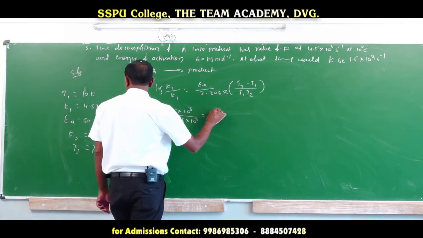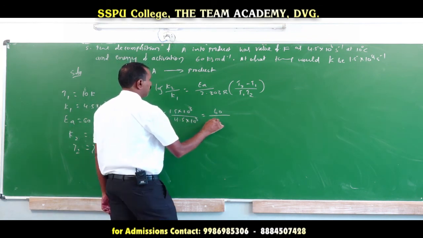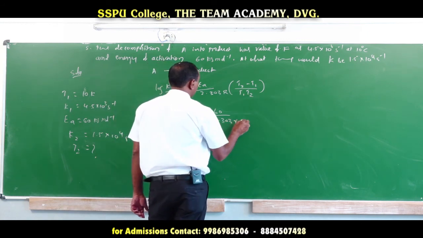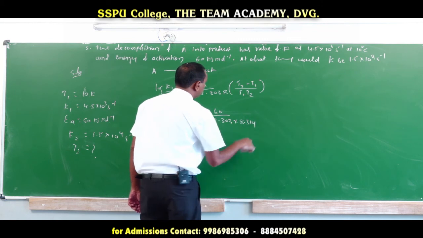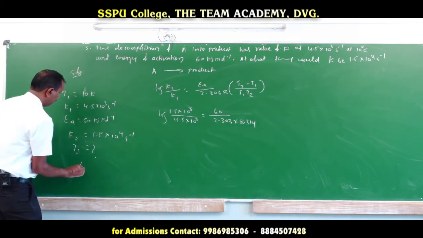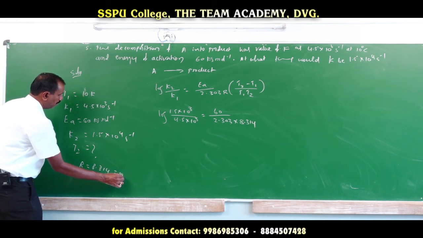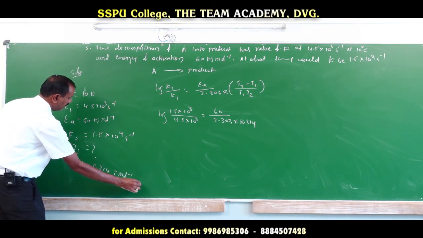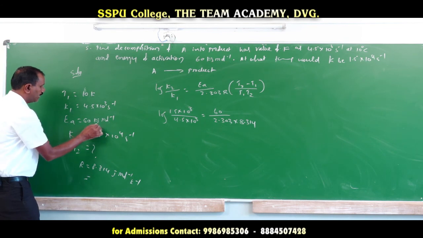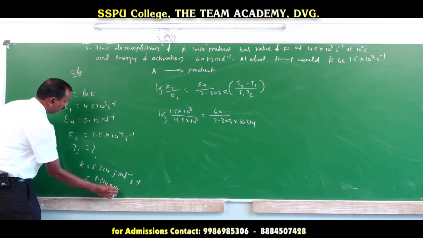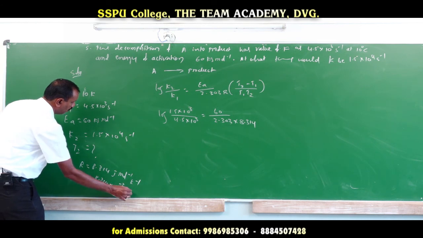E is also given, that is 60 by 2.303 into 8.314, in terms of joule per mole per Kelvin. But here it is in kilojoule, so it should be in terms of 10 to the power of minus 3 kilojoule per Kelvin per mole.